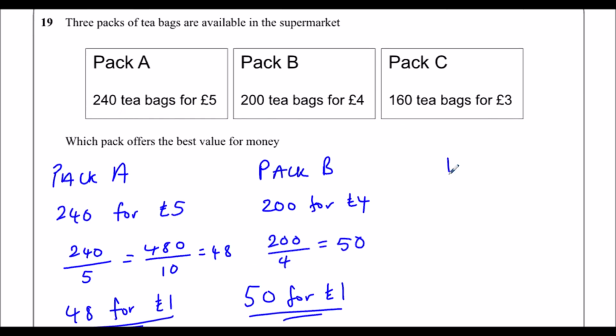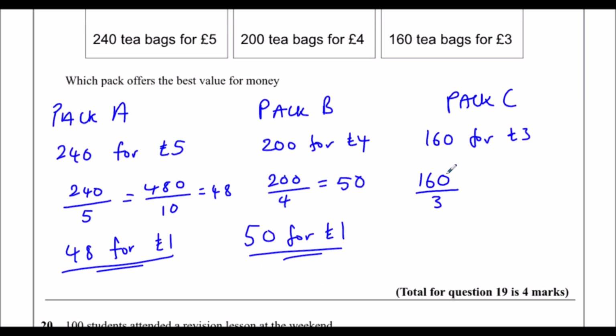And pack C, 160 for £3. Divide that by 3. That doesn't actually go. So how many 3's go into 160? 3 goes into 1 no times. 3 goes into 16 5 times with 1 left over.